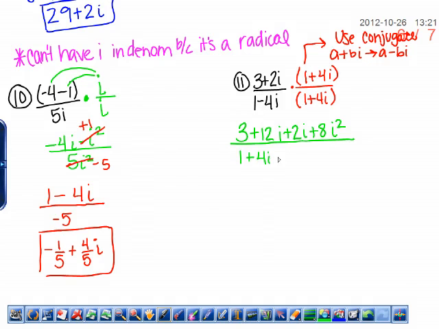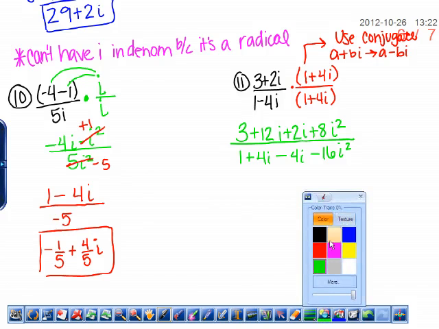Negative 4I times 1. And negative 4I times positive 4I. Do you think it's a coincidence that these middle terms cancel? No. We set up A minus B times A plus B, just like we did yesterday, so that we would use that difference of squares rule to get A squared minus B squared.